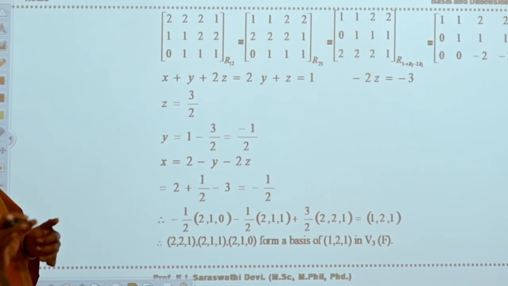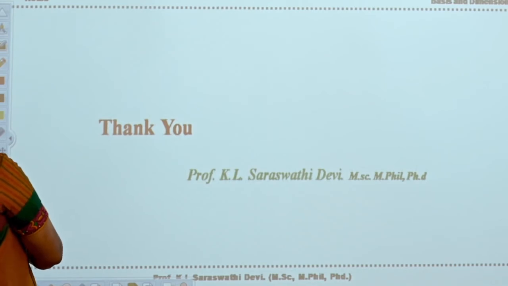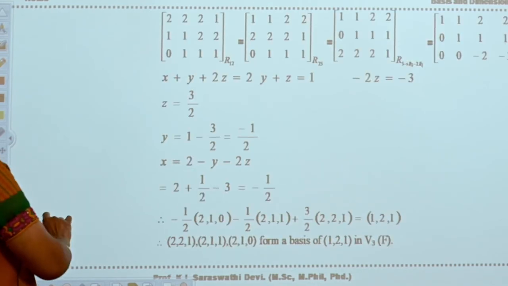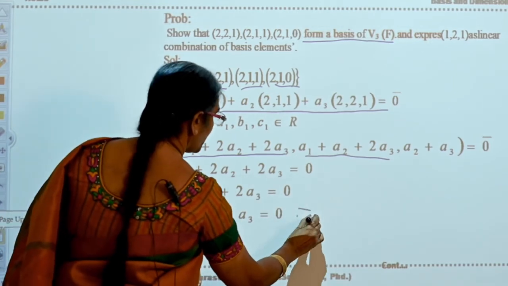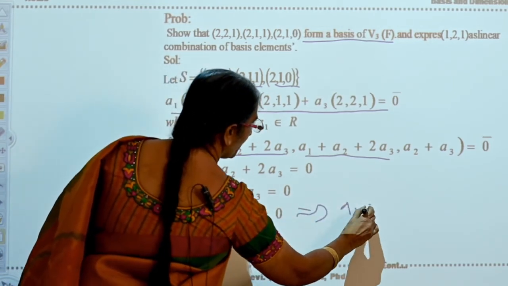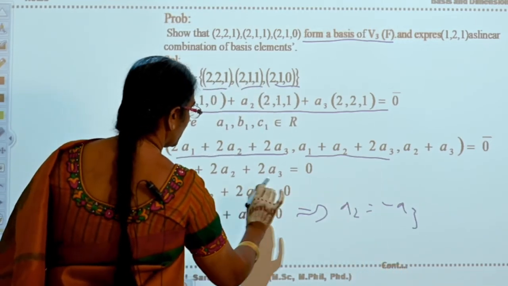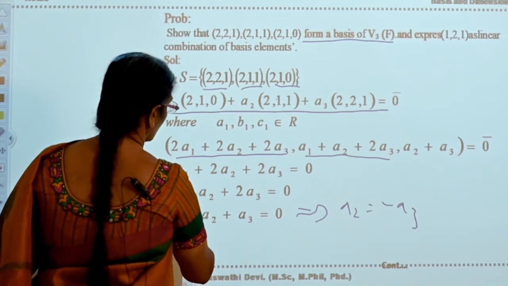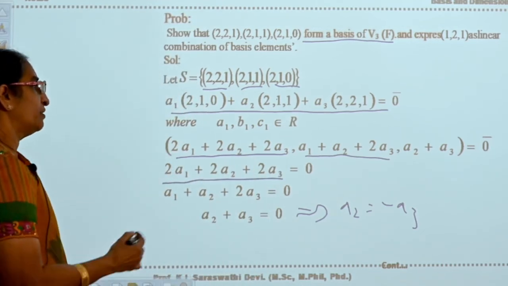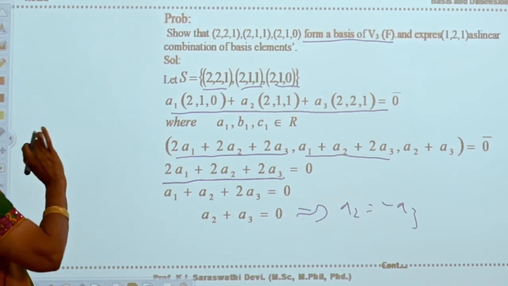Therefore, those three are zeros. This implies a2 is equal to minus a3, and this is a1 plus a2 plus 2a3 is 0. Substitute. From here you will get a1 is equal to a3. Substitute here. You will get a1 is equal to 0. So a2 is equal to 0, a3 is equal to 0. The given set is linearly independent.